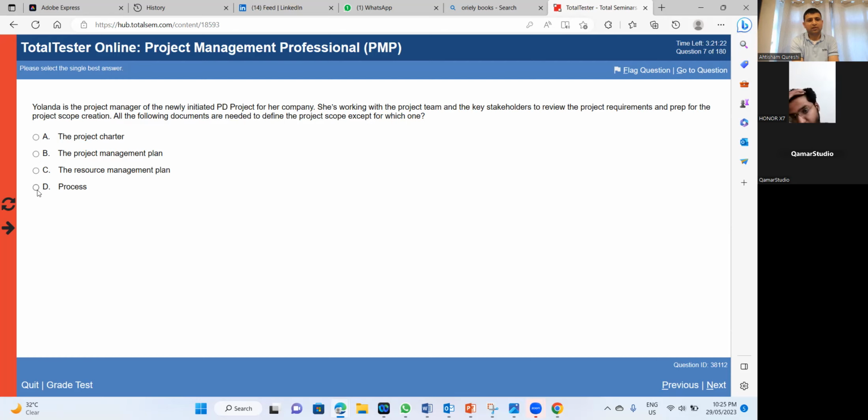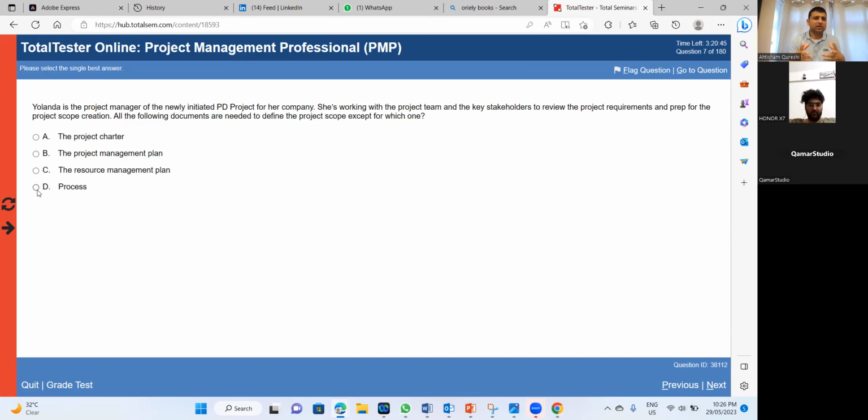Process is also sometimes a document, but it's not relevant for the scope. Maybe for assignment of jobs, I need to direct my team to follow this process. This is the step, just follow and complete it. So internally, maybe it is for me, but at scope level. My only issue is with the resource management plan, because my scope creation is dependent on the project requirements, right?